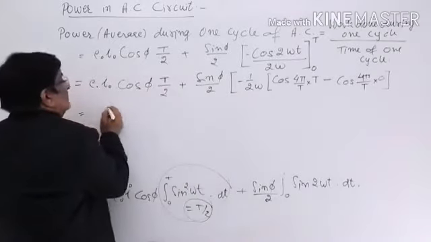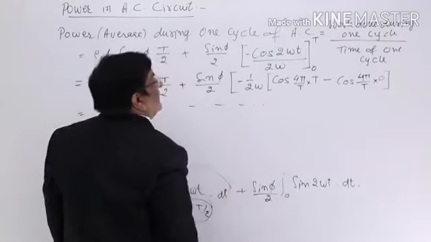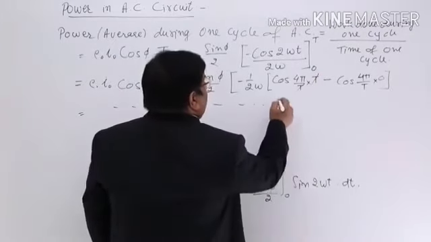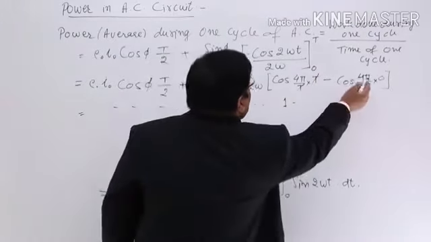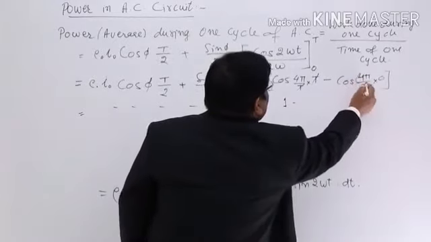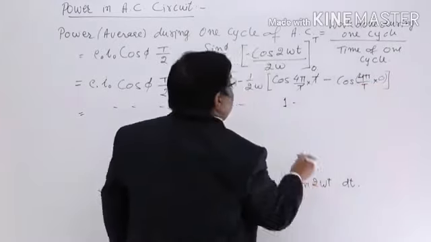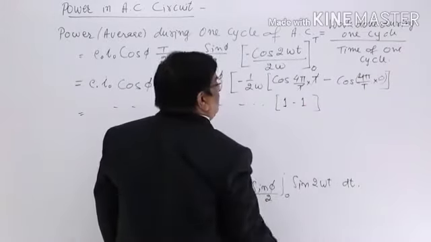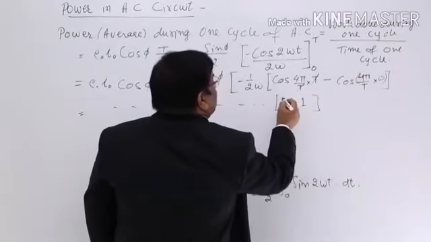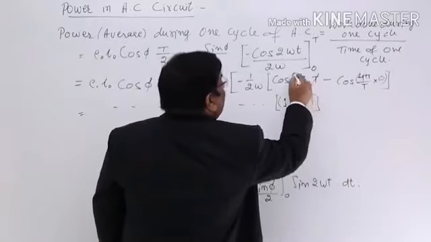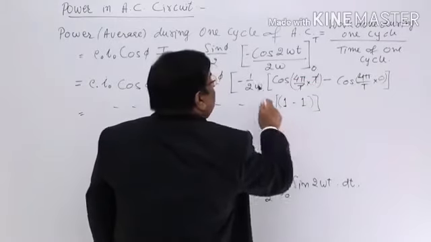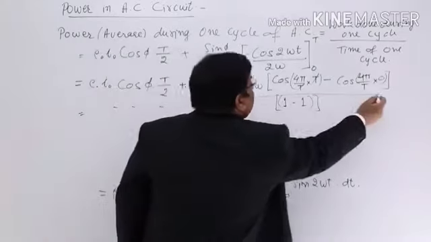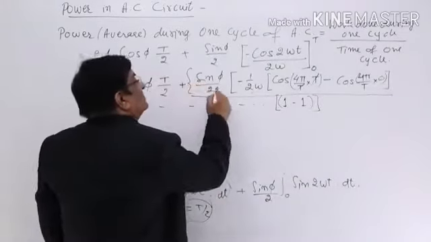Now cos 4 pi is equal to 1, and here 4 pi upon T into 0 is cos 0, that is again 1. So 1 minus 1 is 0 in the bracket, which makes the whole term 0.